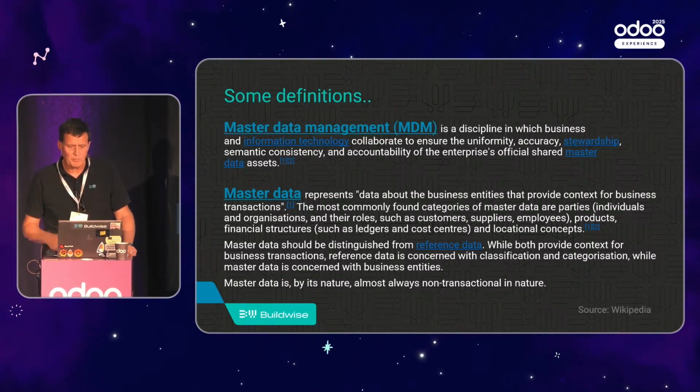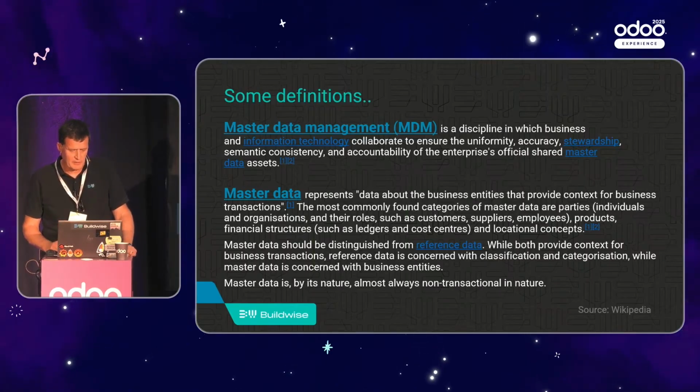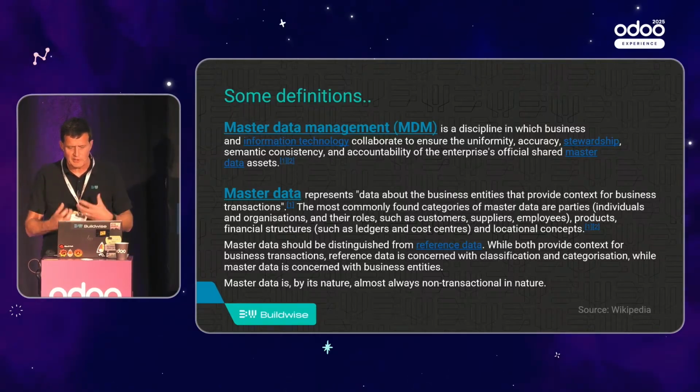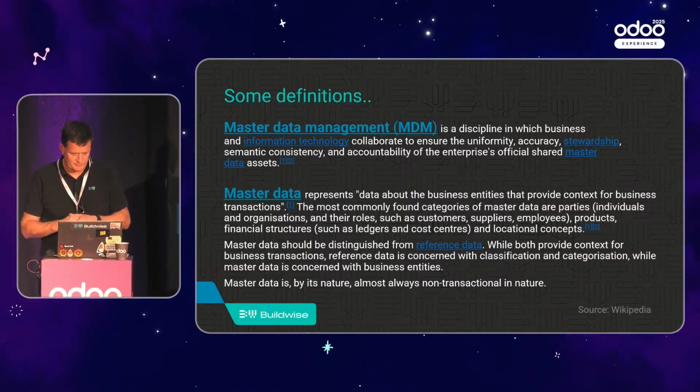Some examples: a product catalog is master data, a database with customer information is master data. These are things that are not related to transactions, but are necessary to make transactions.